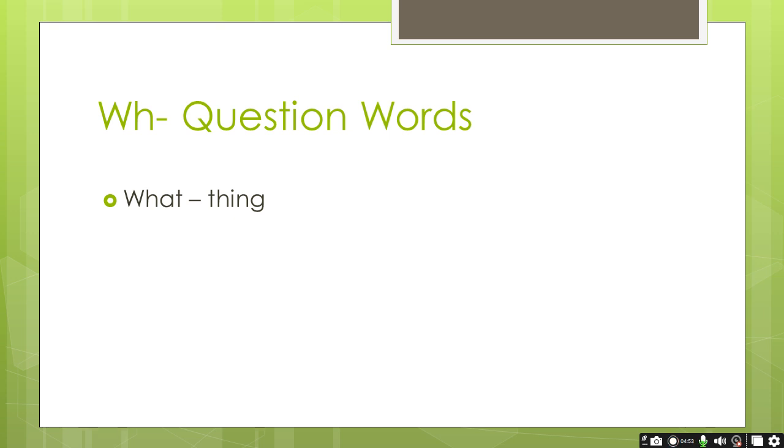We use what when we are asking for things. We have who. We use who when we're asking for people. So when they ask you a question starting with who, the answer you must expect is the name of somebody.